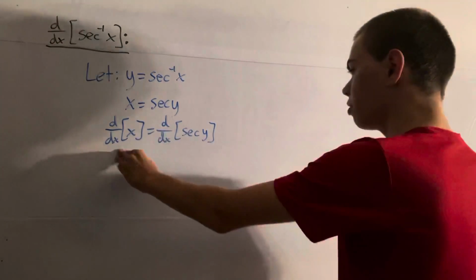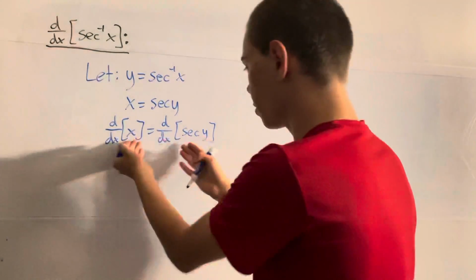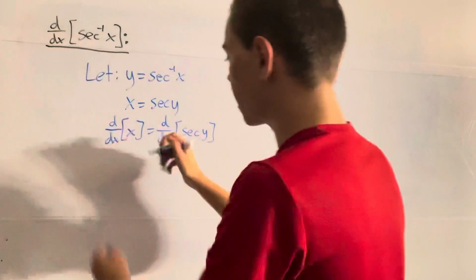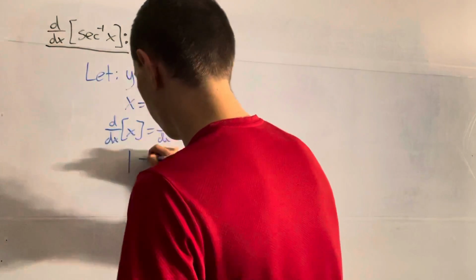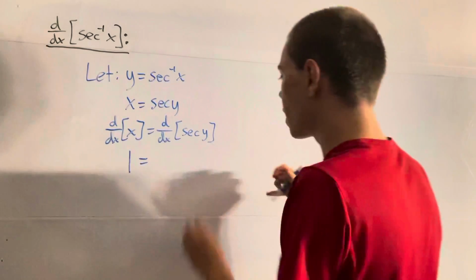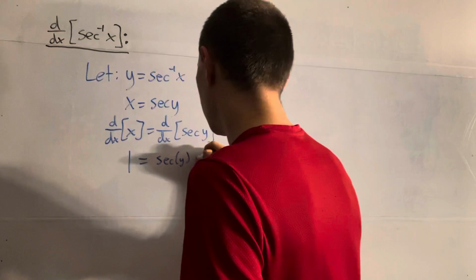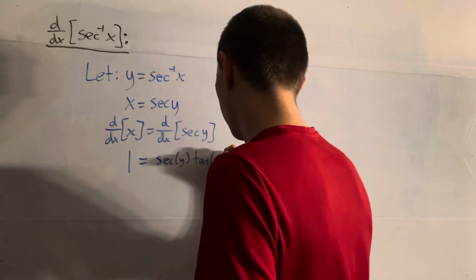So now we're going to evaluate each of these. The derivative of x is just going to be 1. As for this, the derivative of the secant of y is the secant of y times the tangent of y.